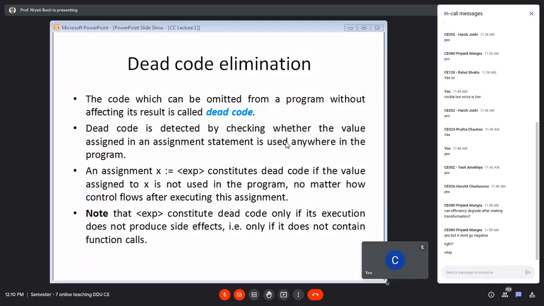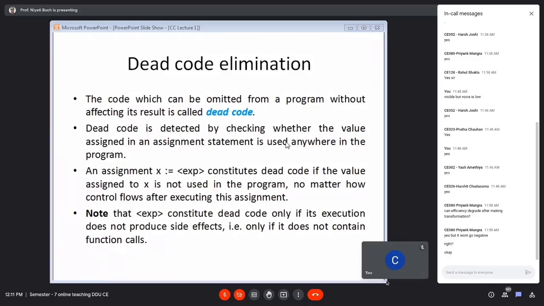This expression constitutes dead code if its execution will not produce side effects. So it must not contain any function call. If the expression contains function calls, we will not eliminate it because we would not know what effect it may have.